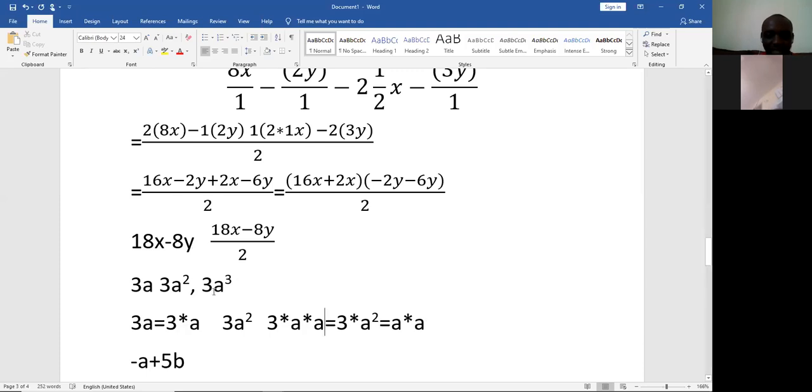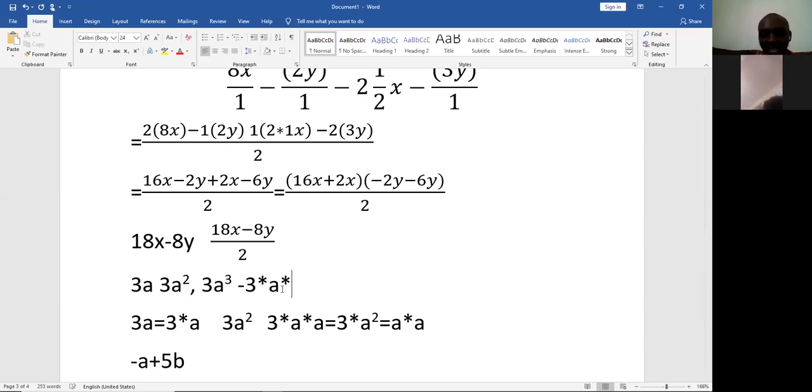So I want to compare this 3a with 3a squared. In 3a, you can see there is only one a. But in 3a squared, there is 3 multiplied by a times a. Let's talk about 3a cubed in this case. 3a cubed is 3 multiplied by a, multiplied by a, multiplied by a.